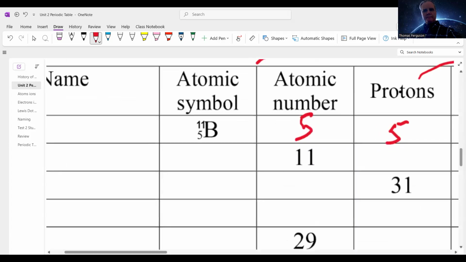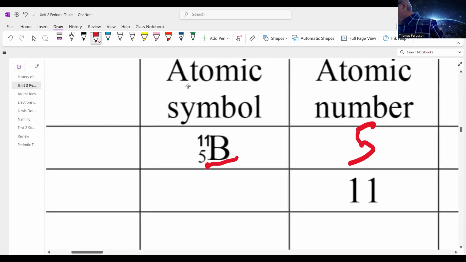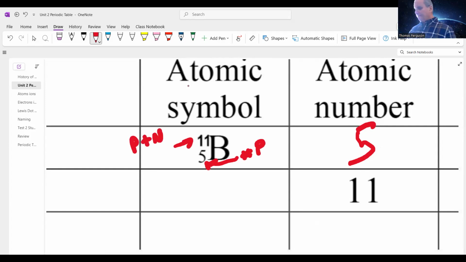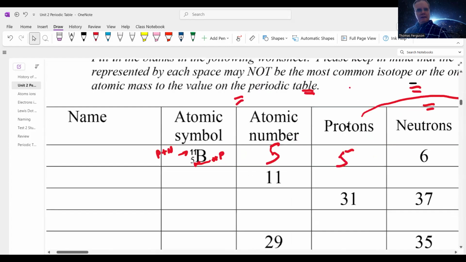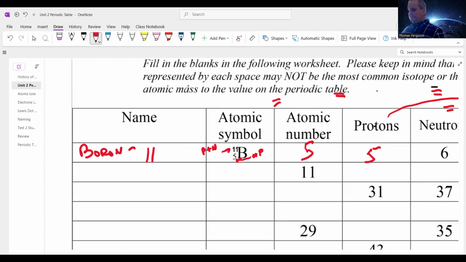Now, the top number is P plus N, bottom number is number of protons. So that's the isotope that we configured.